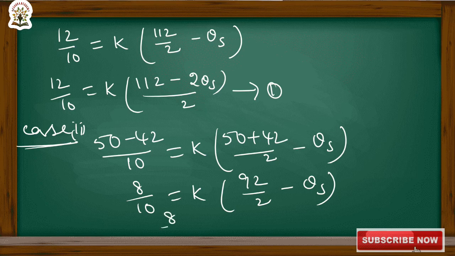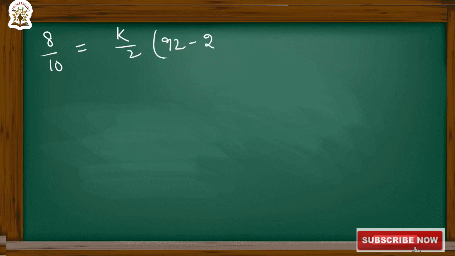Next, 8 by 10 is equal to k of (92 minus 2 theta s) by 2, taking LCM. So 8 by 10 is equal to k by 2 of (92 minus 2 theta s). This is equation number 2.